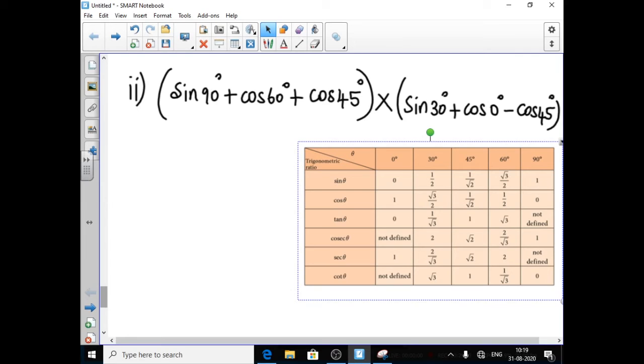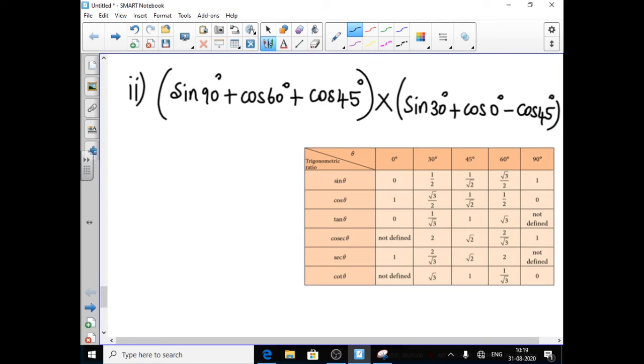So now we are going to write the values of given ratios. So we want to write sin 90 degree. So everything here is cos and sin only. Sin 90 degree is equal to 1 and sin 30 degree is 1 by 2.